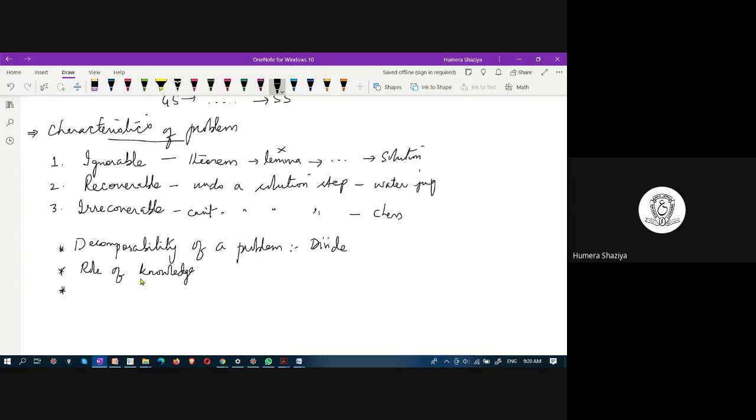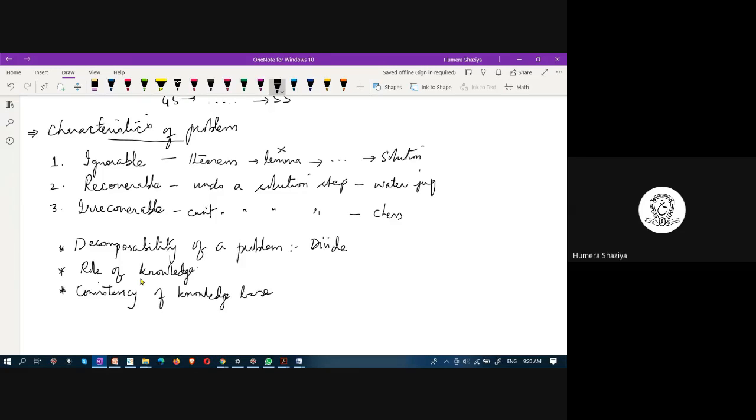Consistency of knowledge base. What does this imply? What is a knowledge base? A knowledge base is the collection of rules and facts.